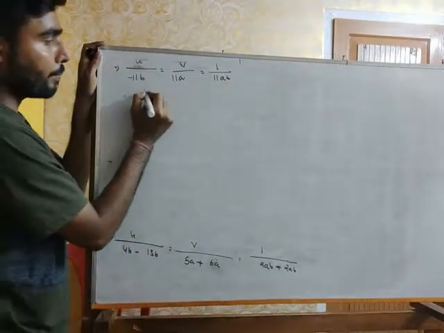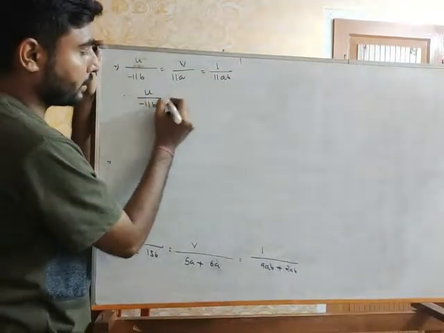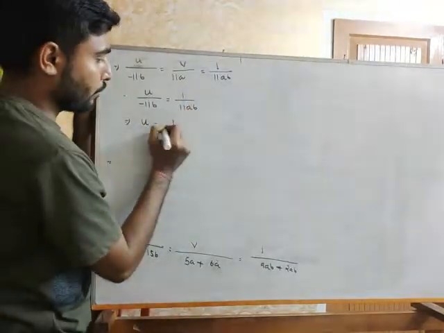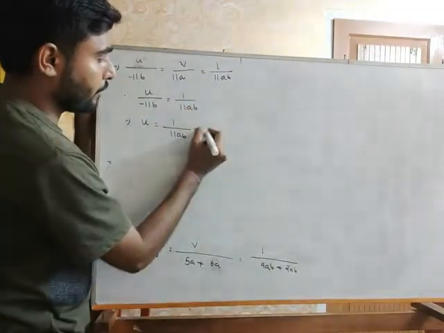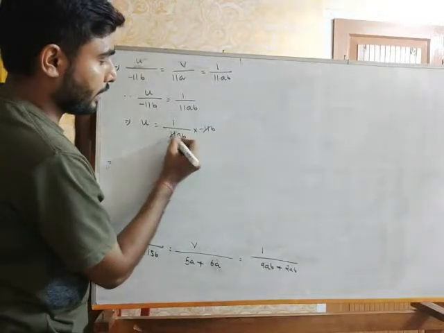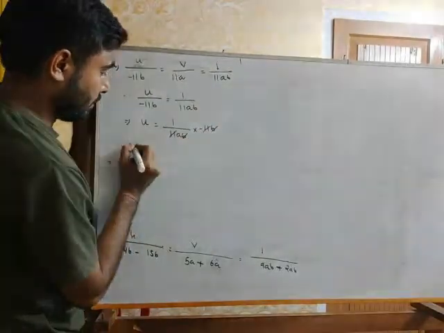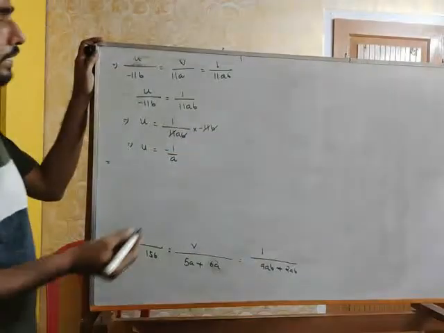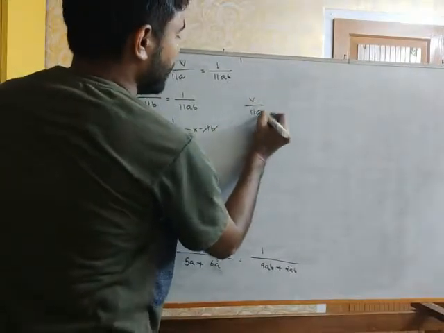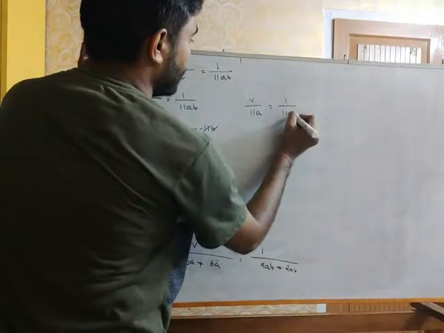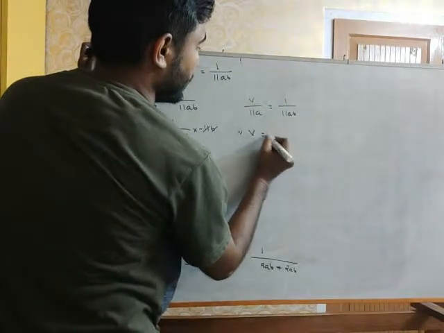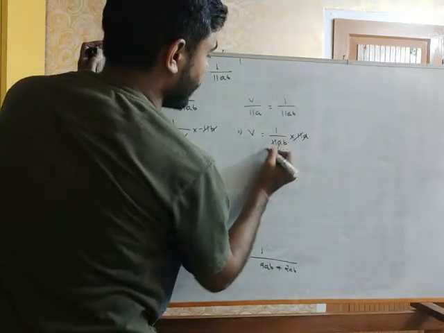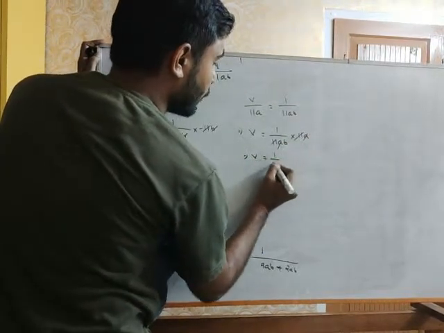Now we can equate: u by minus 11b is equal to 1 by 11ab. So u is equal to 1 by 11ab into minus 11b. 11 cancels, b cancels. What do we get? Minus 1 by a. And when we equate v, we get v is equal to 1 by 11ab into 11a. a cancels, 11 and 11 cancel. v is equal to 1 by b.